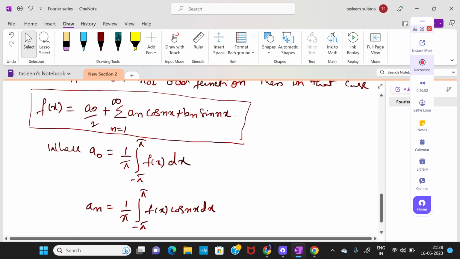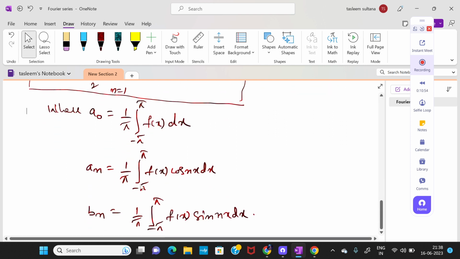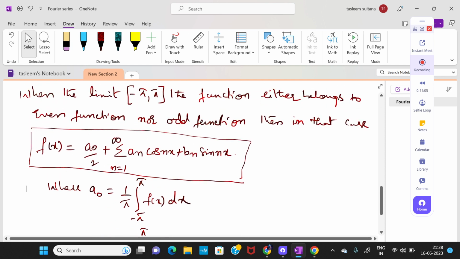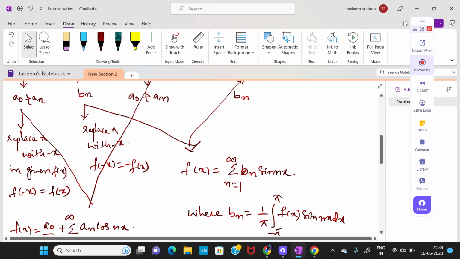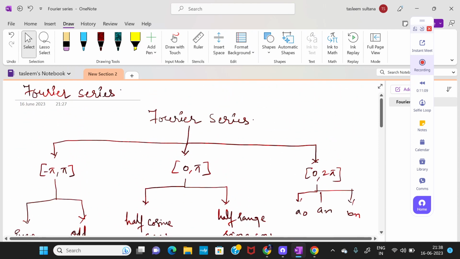Then your an is equals to 1 by pi integrating minus pi to pi f of x into cos nx into dx. Bn is equals to 1 by pi integrating minus pi to pi f of x into sine nx. In the first half of the series, you are going to deal with this only: minus pi to pi, 0 to pi, 0 to 2 pi.